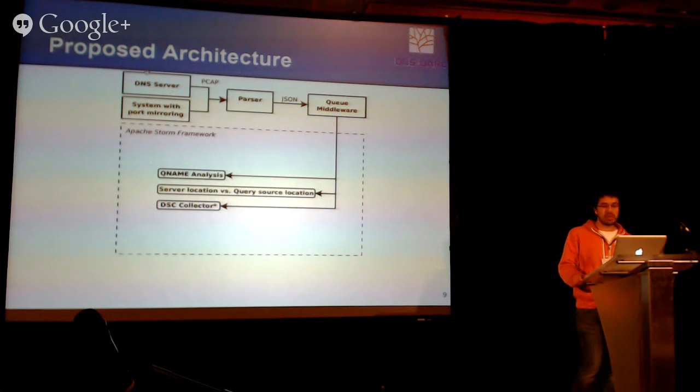Also, we want to do load balancing analysis, so that can be helpful to DNS admins. And finally, we want to do server location versus query source location analysis, where we want to see the geographic distance between the clients and the server, so we can help sysadmins to check if their routes are okay.